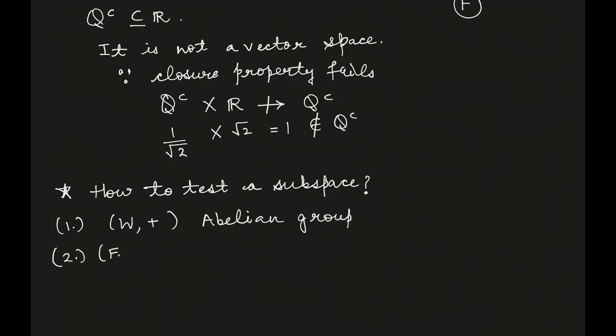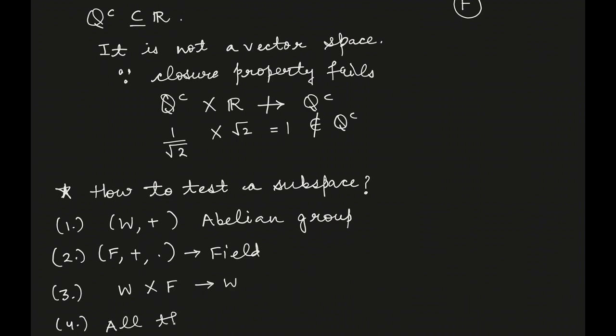Second thing, F with respect to addition and multiplication should be a field. Third thing, W cross F should go into W. Fourth, all the 4 properties should be satisfied.